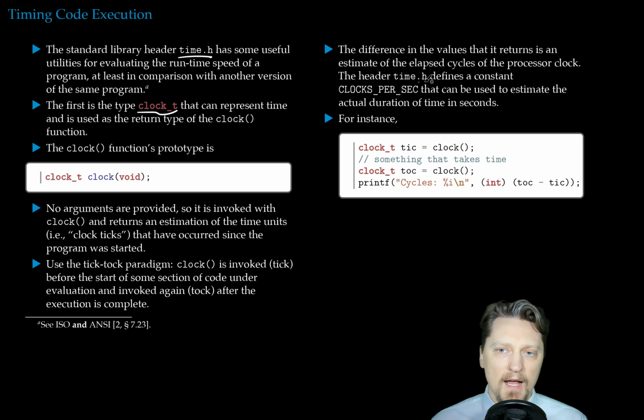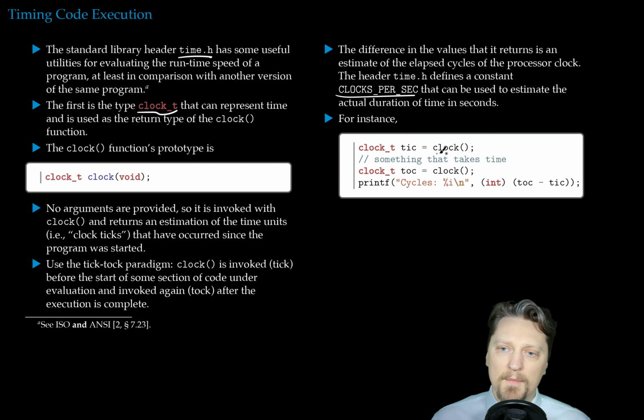The header time.h defines a constant, CLOCKS_PER_SEC, that can be used to estimate the actual duration of time in seconds. For instance, clock_t tick, let's initialize it by calling clock(), initialize it to whatever the time is when we call it.